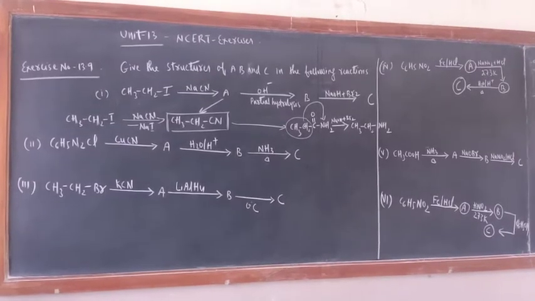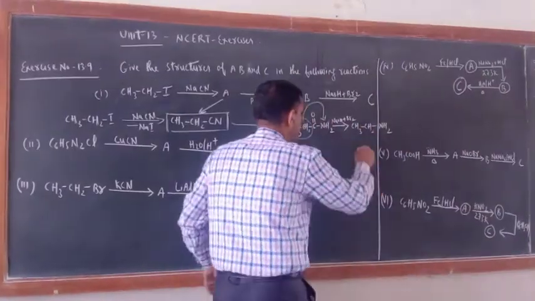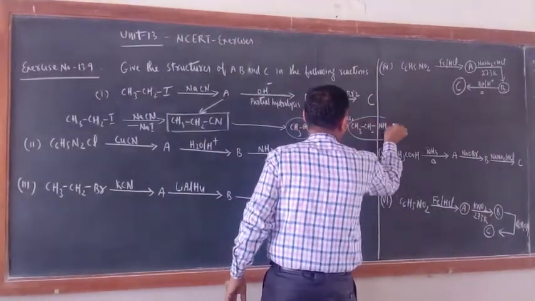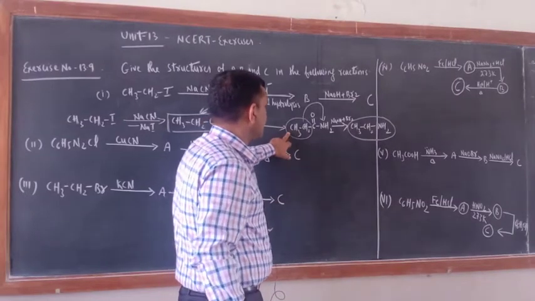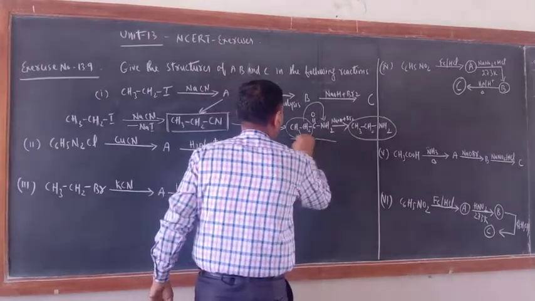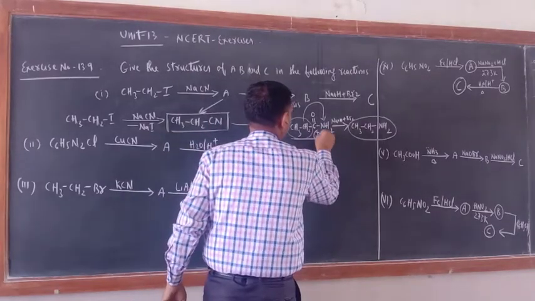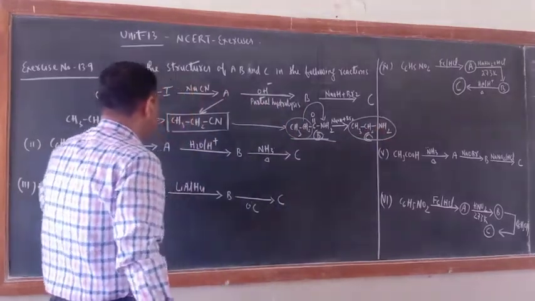Okay, so this is correct, there is no problem. In some books they have written methanamine here, that is the wrong thing. This would be the correct one. Just see, this is the Hofmann bromamide reaction, amide. So this would be B and this would be C. In this way you should write.